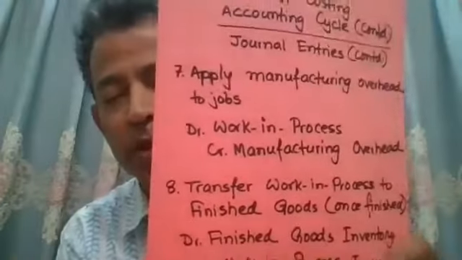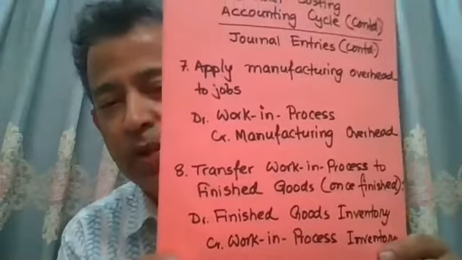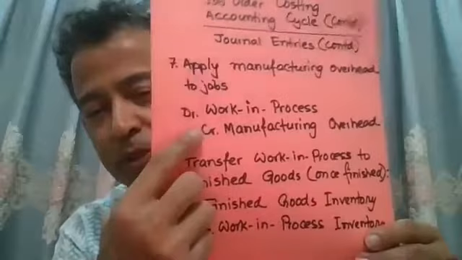See, we're back to work in process via manufacturing overhead. So now direct material, direct labor, indirect expenses, indirect labor and indirect material, everything is now in the same bucket called work in process. So now debit work in process, credit manufacturing overhead. This one.